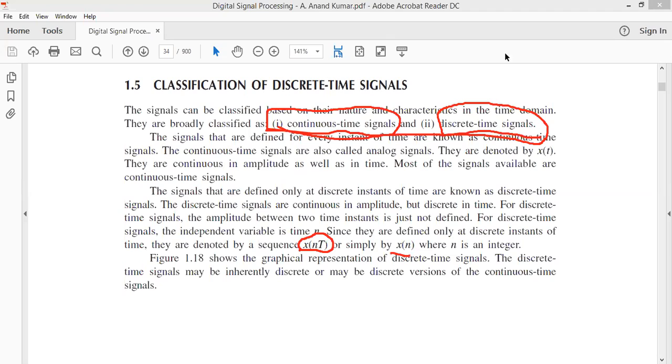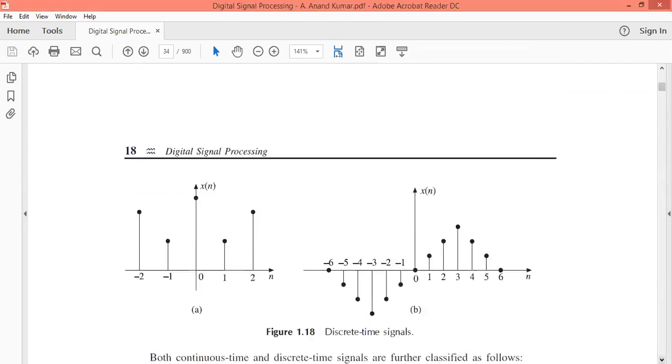Now we'll discuss the different types of discrete time signals. Discrete time signals can be classified like this.